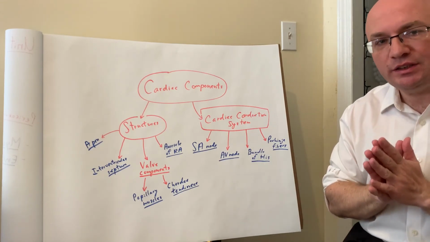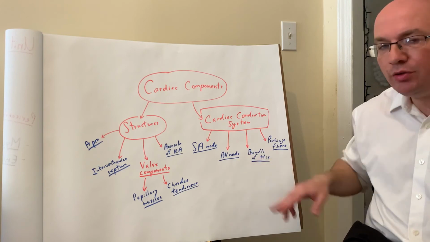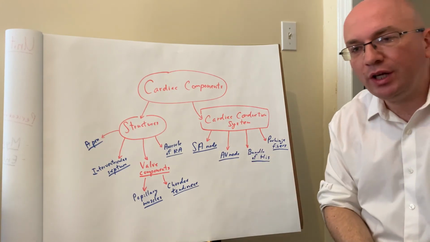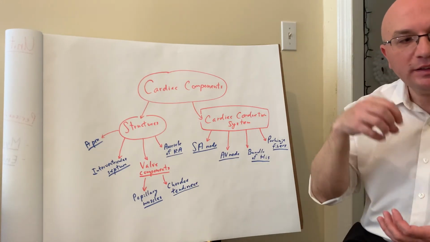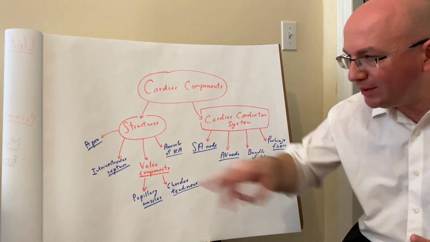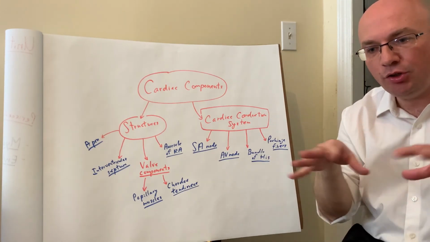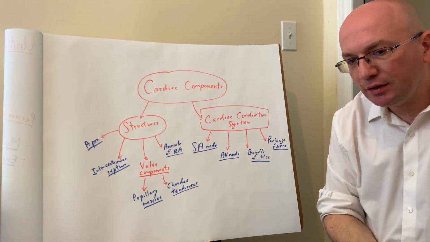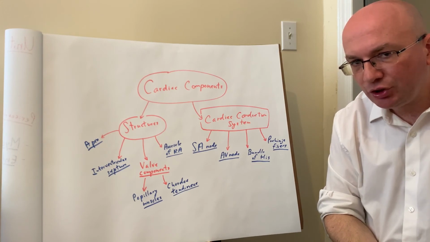Then the signal expands further and goes through the AV bundle, or bundle of His, that's mostly located in the interventricular septum of the heart. And then as the signal progresses further down towards the apex of the heart, it reaches the Purkinje fibers that distribute the electrical conduction further through the apex and the ventricles.